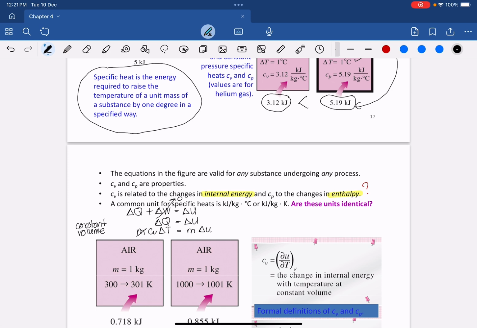So for constant volume process, it will give the relation between Cv and internal energy and the temperature. Cv, or specific heat at constant volume, is the change of internal energy per the change of temperature.